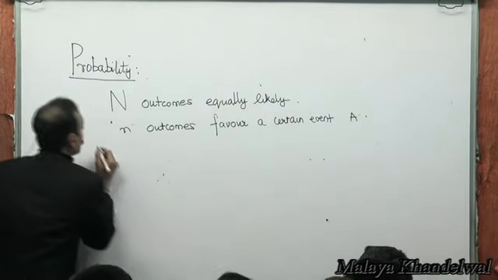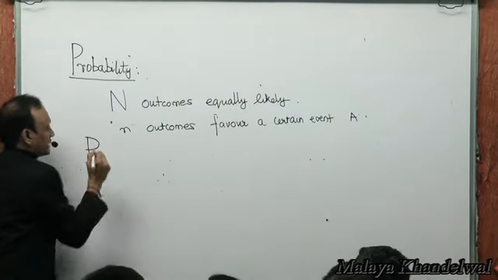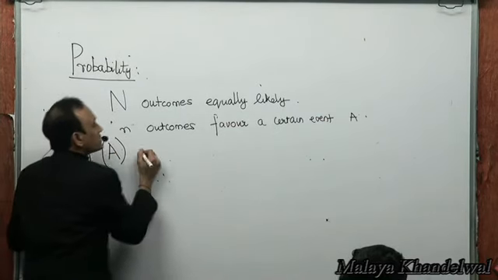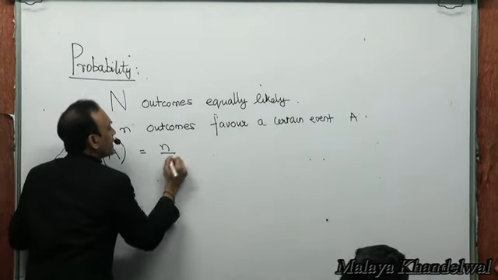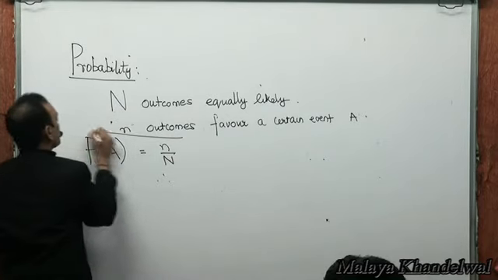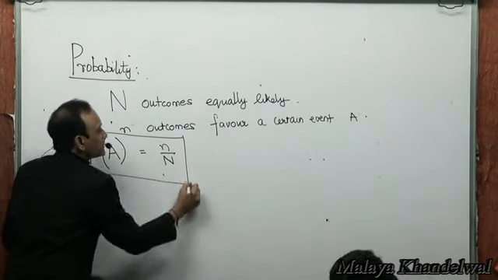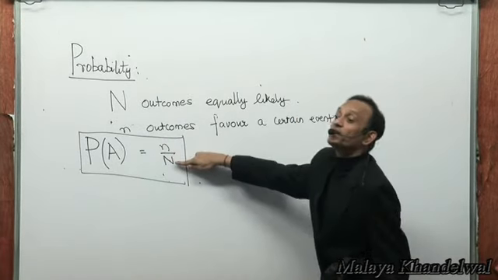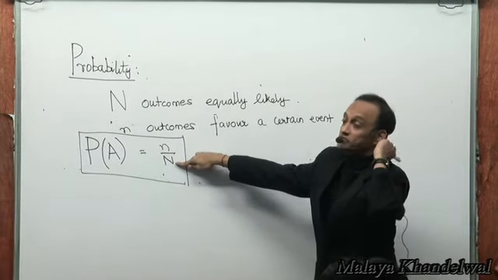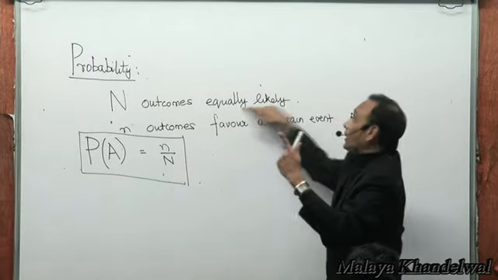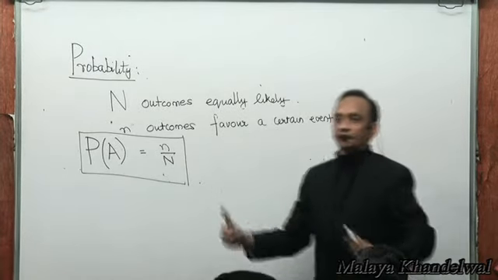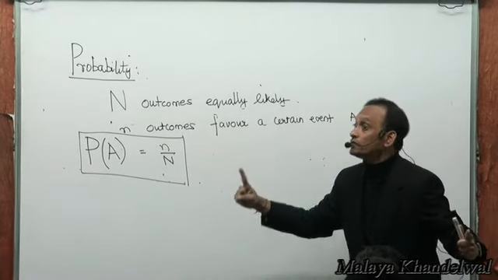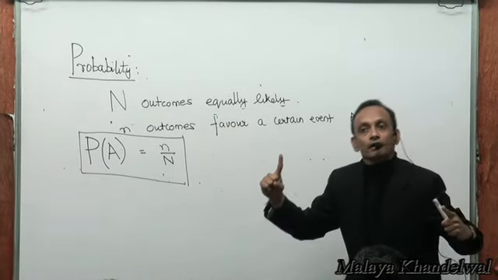Then we define the probability of the event A as small n divided by capital N. We define the probability of the event A as number of favorable outcomes divided by total number of outcomes, assuming that all outcomes are equally likely. That's how we define the probability of an event A.